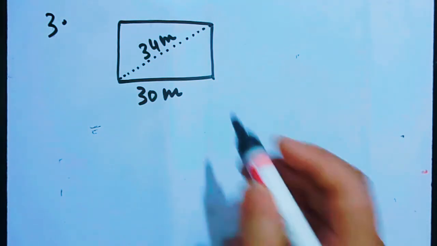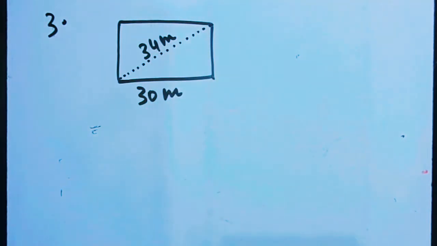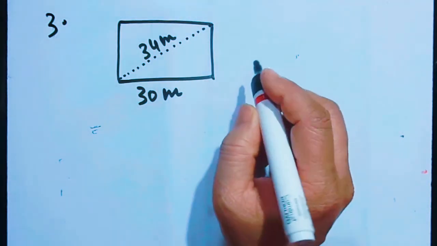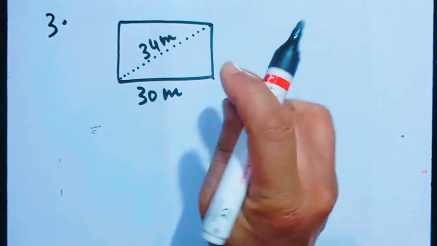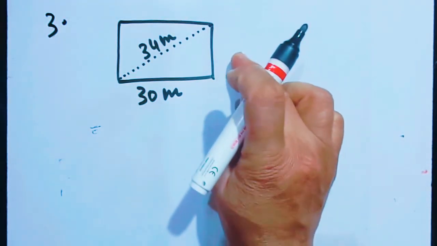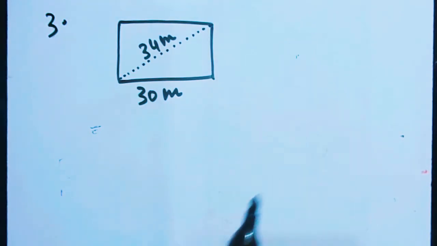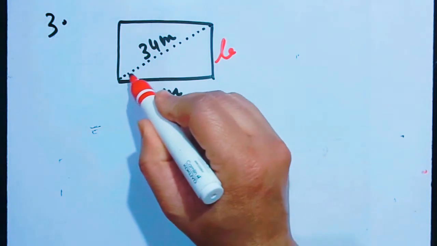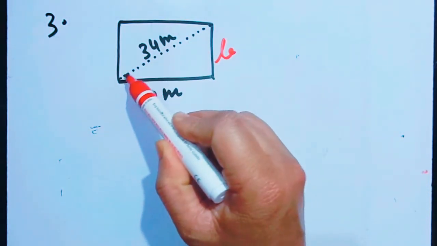So my dear, when your diagonal is 34 meter, let me see how we are going to find out its perimeter. So to find its perimeter, I will have to find breadth over here. Now have a look at this particular figure.